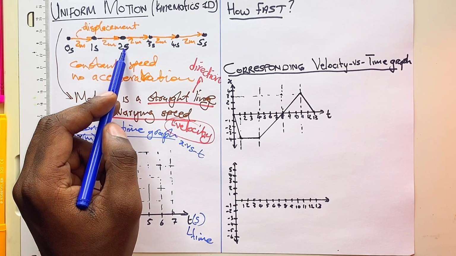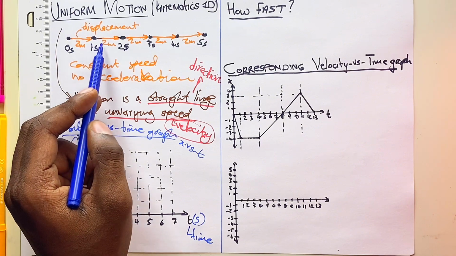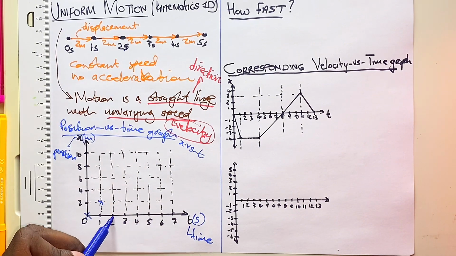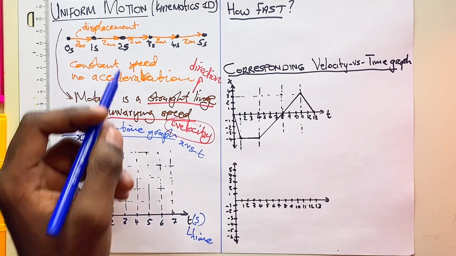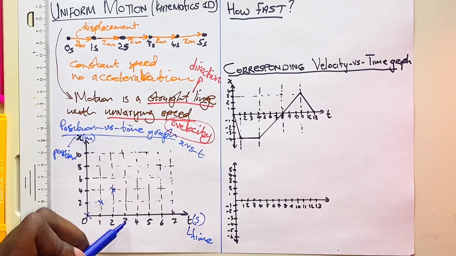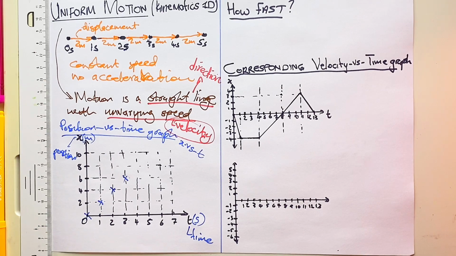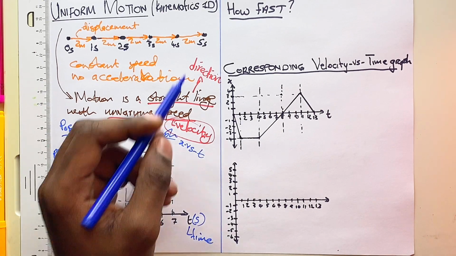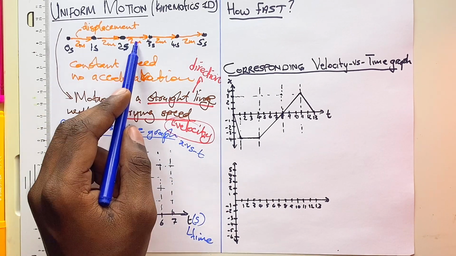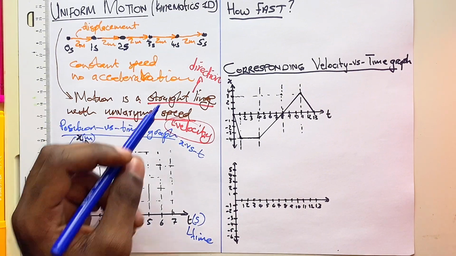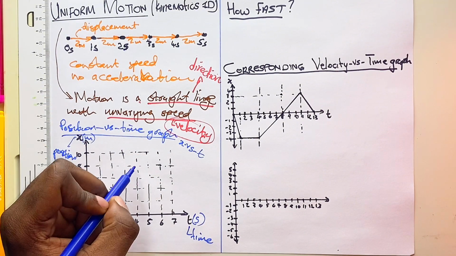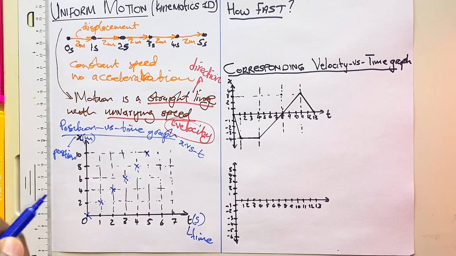After 2 seconds, we have moved 2 meters and 2 meters. So after 2 seconds, we are at 4 meters. Move another 2 meters. At 3 seconds, it seems we have moved 6 meters. So we keep going. After 4 seconds, we have moved 8, and at 5 seconds, we have moved 10 meters.